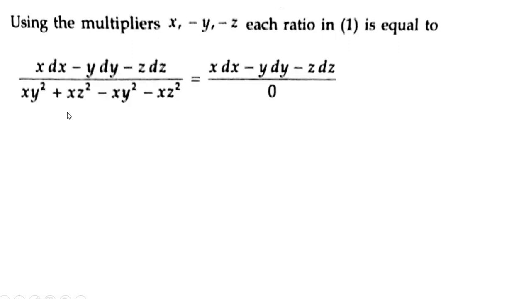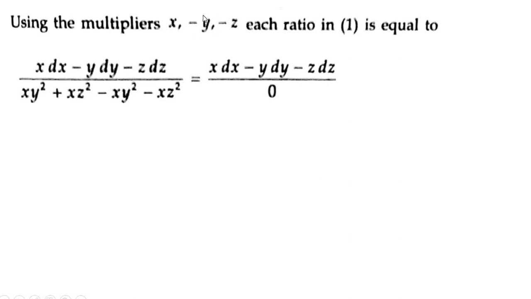So each ratio in the equation 1 is equal to, multiply the first term with x, so x into dx, minus y into dy, minus z into dz, divided by x into y square plus z square, which is xy square plus xz square.